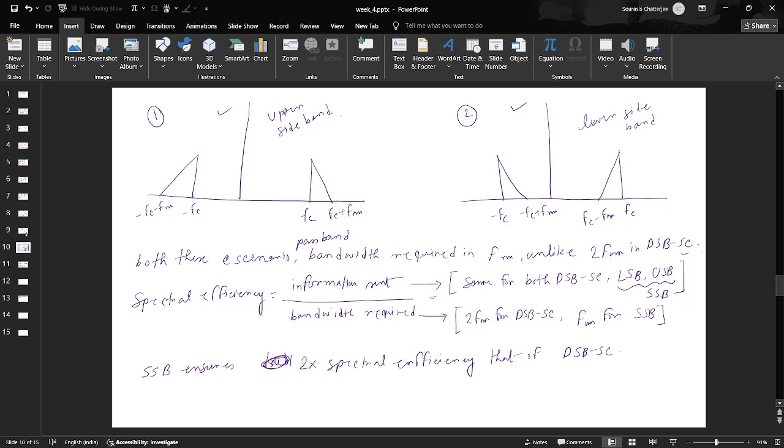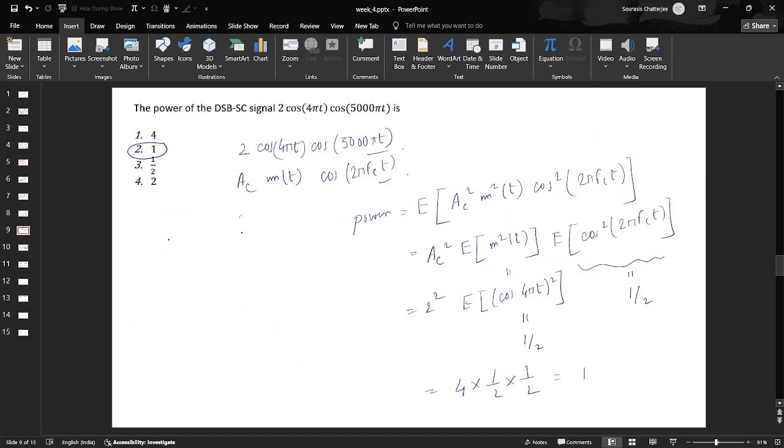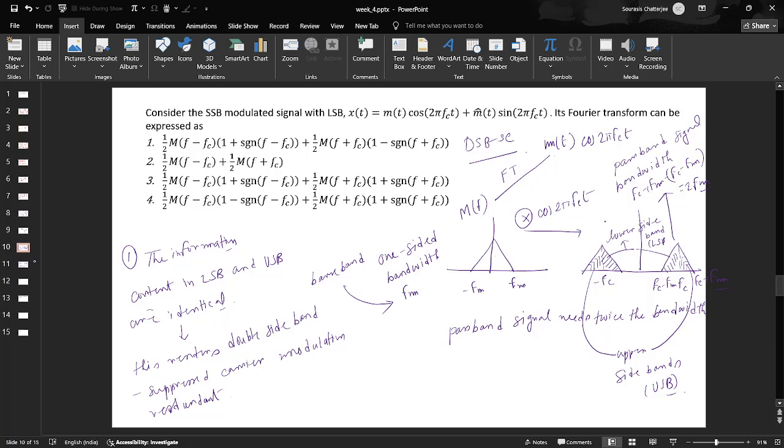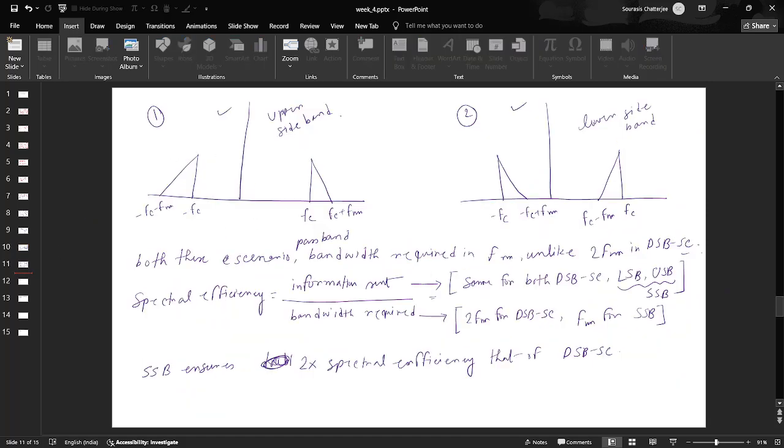But one thing you have to remember: you know how to get this DSB-SC. Now from this I have to get either this one or this one, and that procedure of getting the SSB spectrum from DSB spectrum is not straightforward.